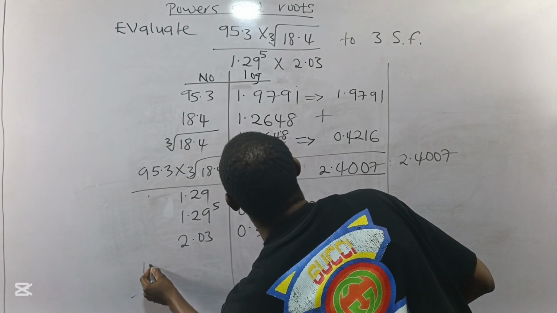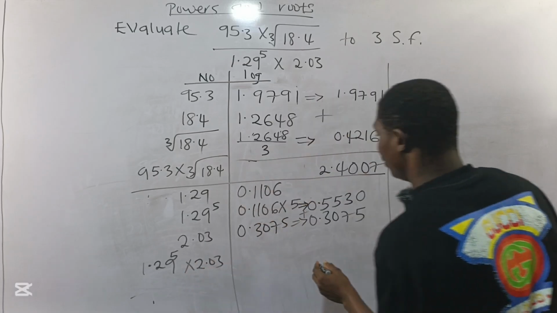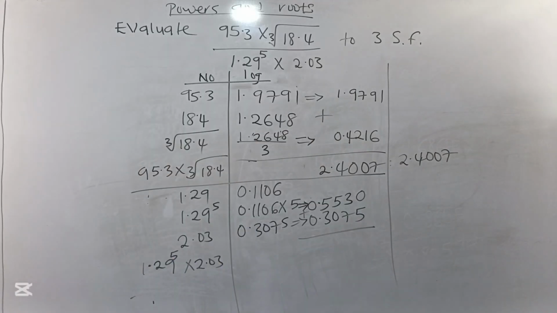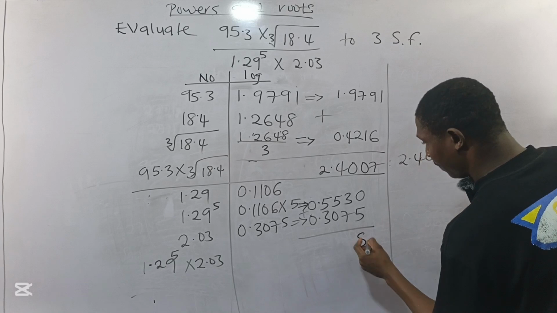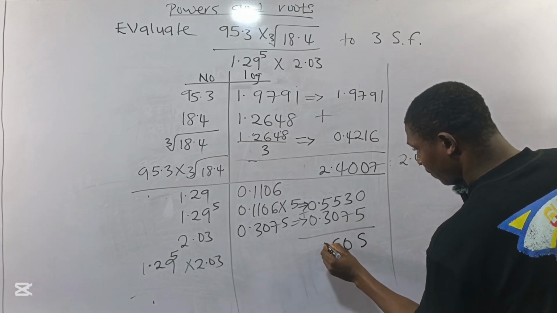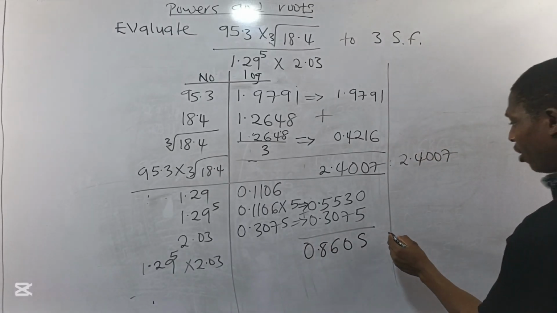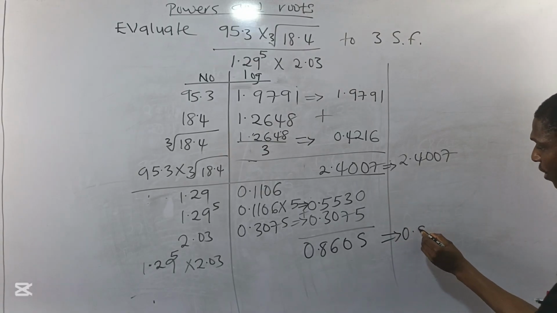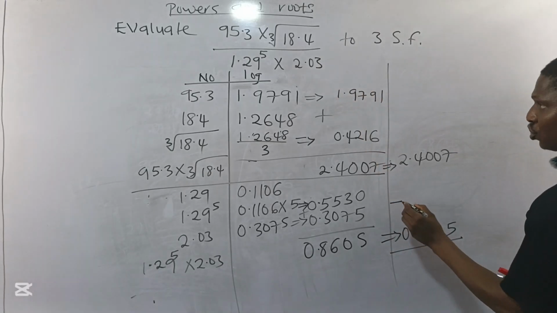So I have 1.29 raised to power 5 times 2.03 to give me the sum of this, which gives me 0 plus 5, 5, 10, 0 carry 1, 6, 8, and 0. So I'll bring it to this other side also to give me 0.8605.